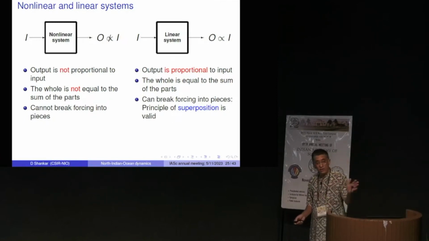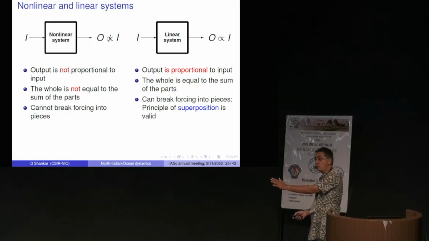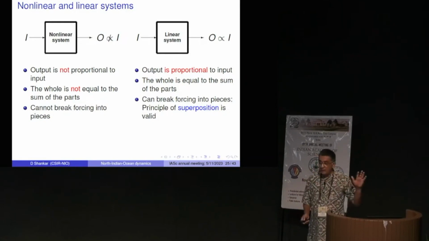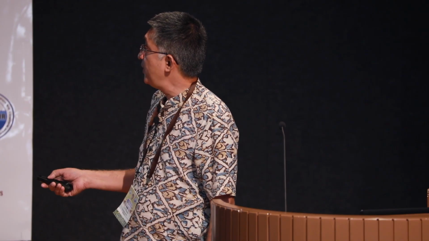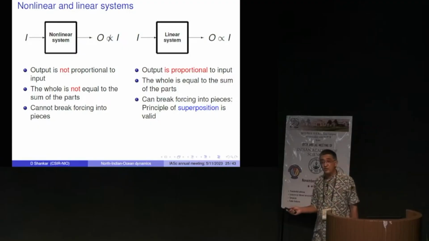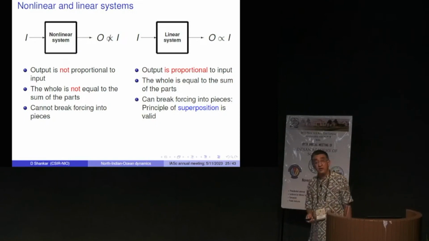Now if I put in the input I1 plus I2, a linear system will give me O1 plus O2. That's by definition a linear system. In a nonlinear system, you're not going to get O1 plus O2. What it implies is that the principle of superposition, which we learned in school in physics, is valid for a linear system. It's not true for a nonlinear system.